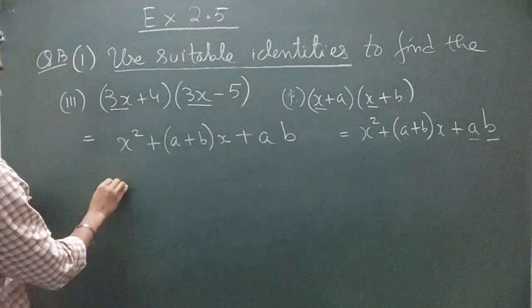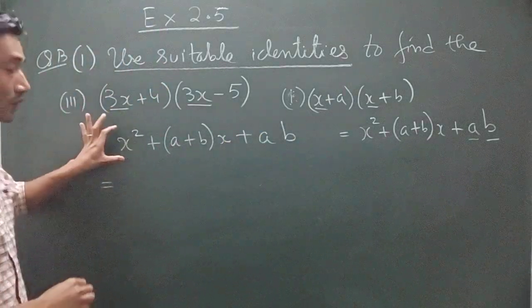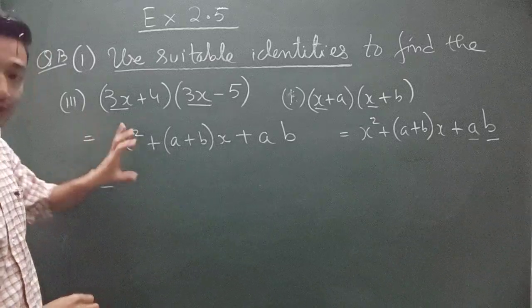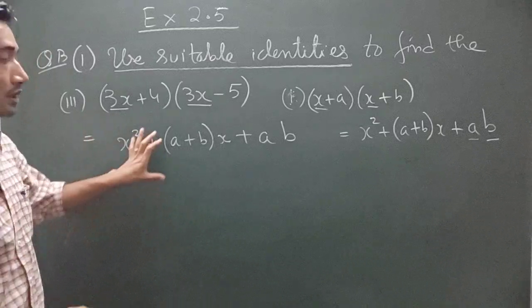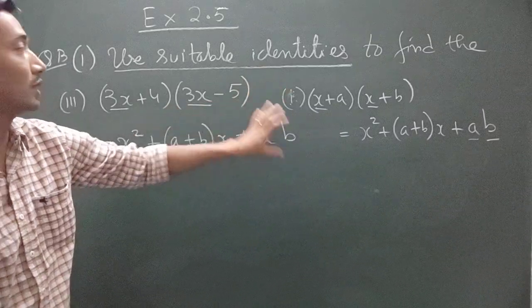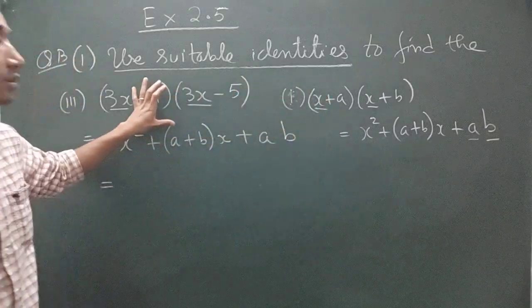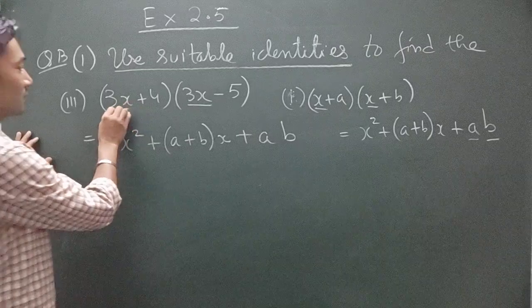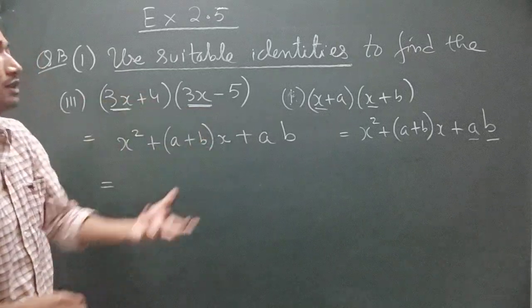Of course, in the exams, no need to write this, but just to make you understand how the same identity applies in this question. The only change is that the x value has changed here.